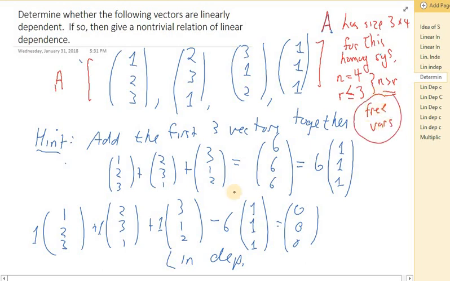As soon as I know I have free variables, I know that there's a non-trivial solution. If there's a non-trivial solution, I know that they're linearly dependent. Okay? So without doing any work at all, I can tell that these vectors are linearly dependent.